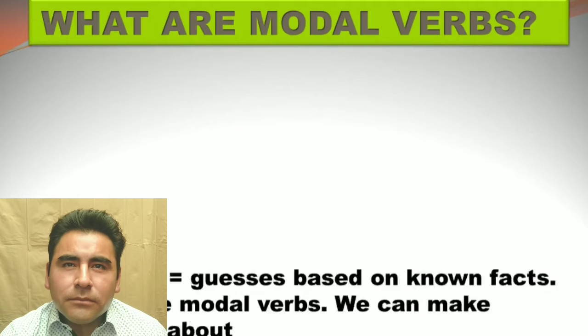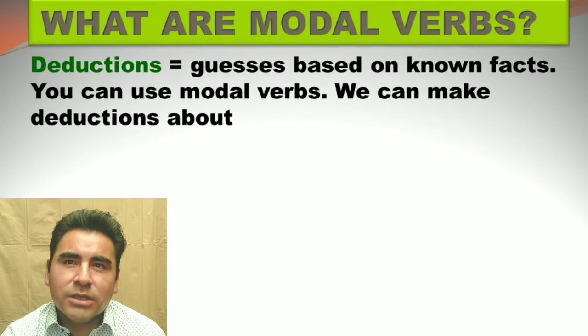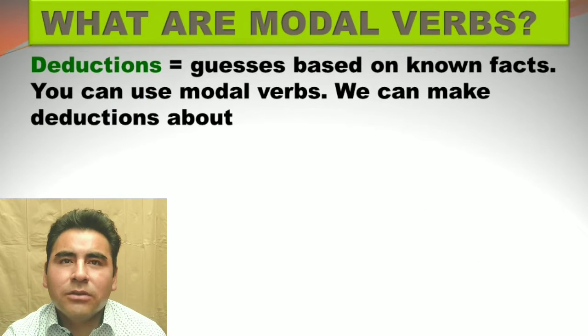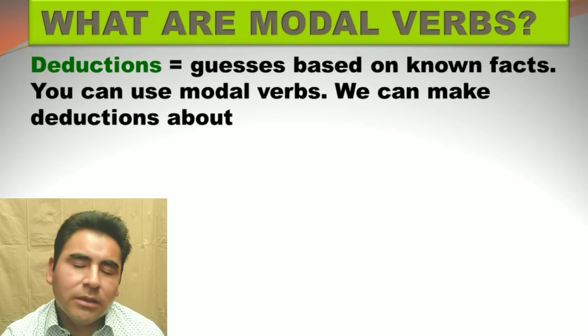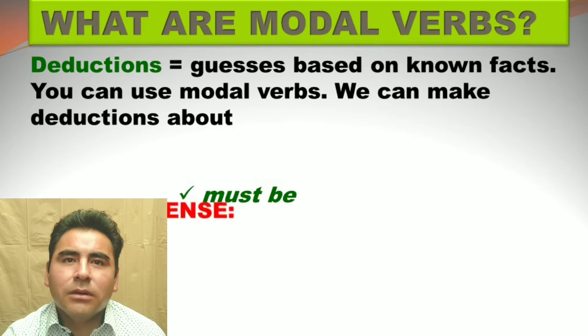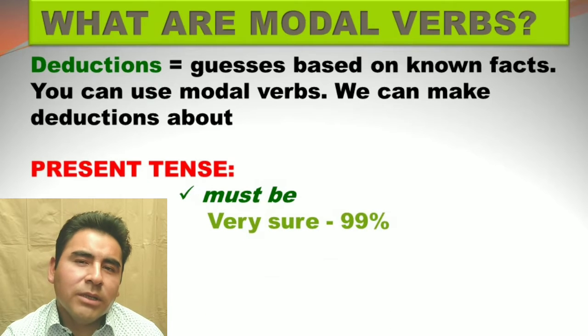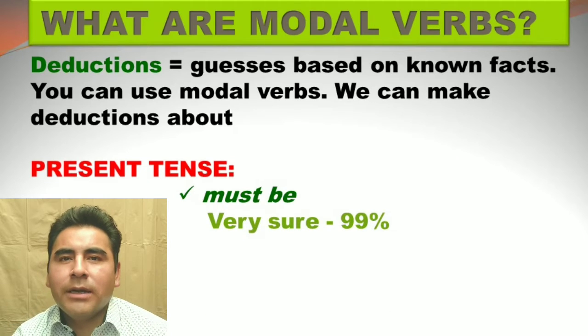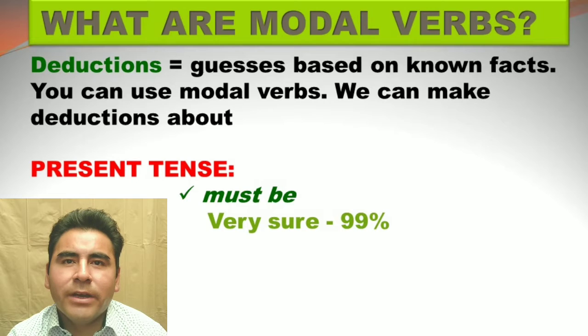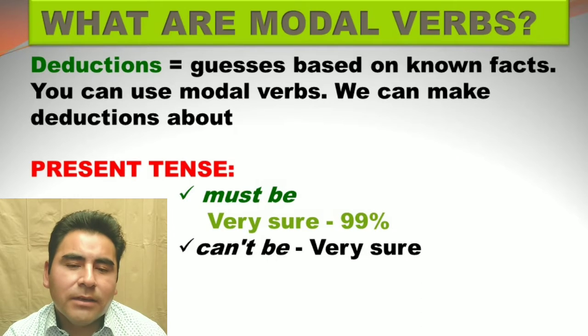And deductions, guesses based on known facts. You can use modal verbs. We can make deductions about, for example, the present tense. We say must be. That means we are sure, 99% sure, very sure. Can't be.